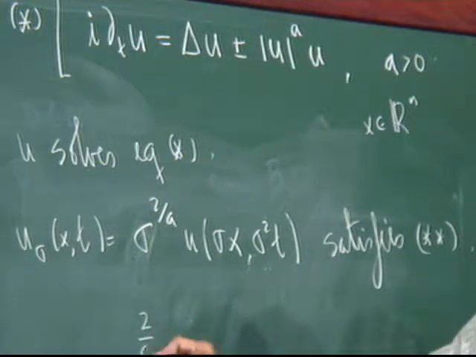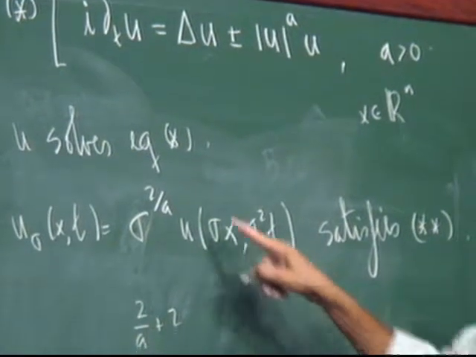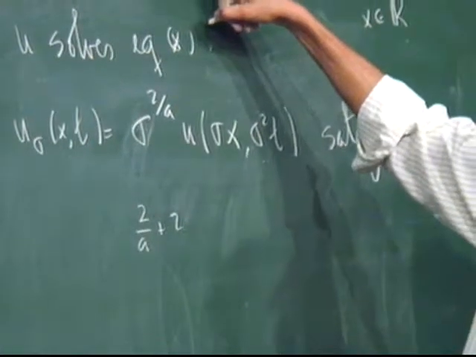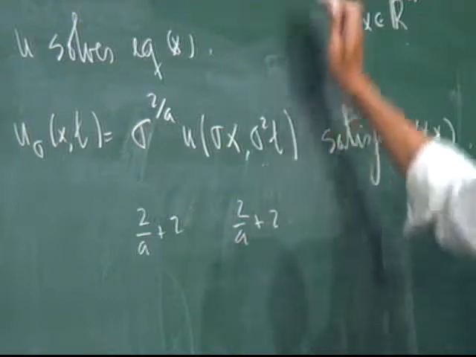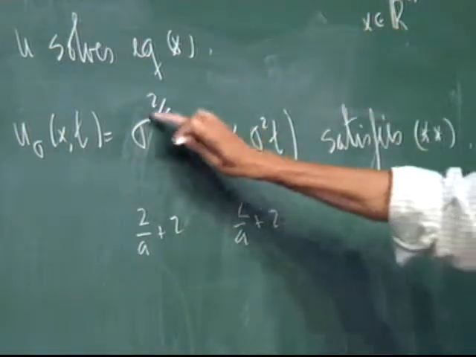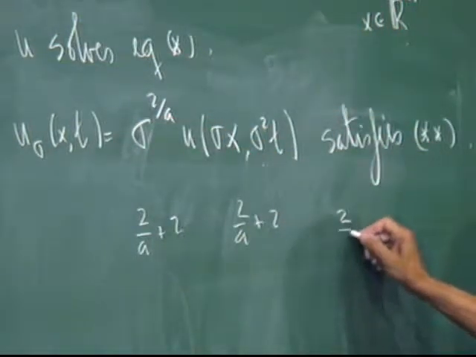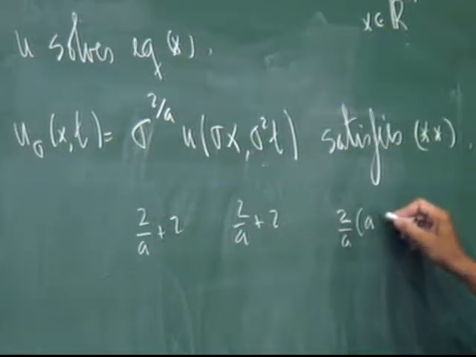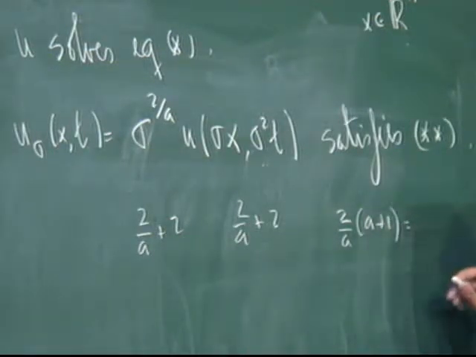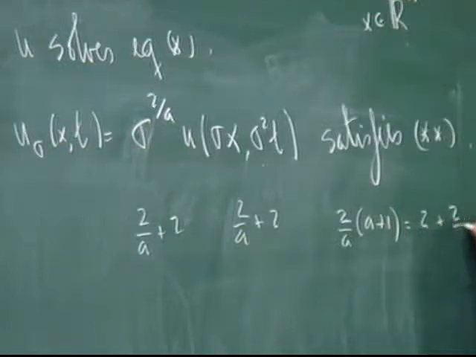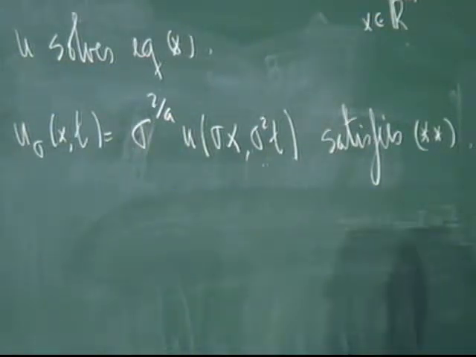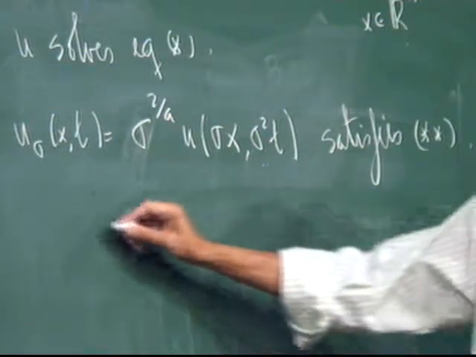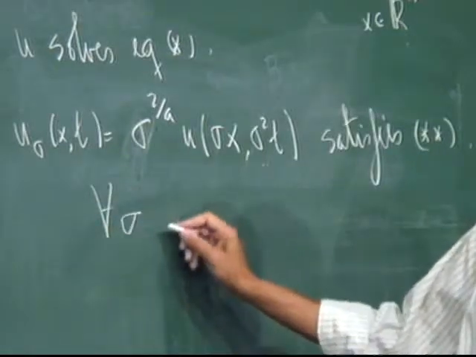It gives you 2 over a plus 2, because your derivative is in t. When you take two derivatives in x, what do you have? 2 over a plus 2. When you take power a plus 1 of this quantity, what do you have? 2 over a plus 1. That gives you exactly 2 plus 2 over a. Then all the powers are the same. Okay? This is for any sigma positive.